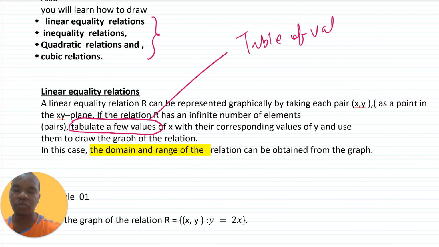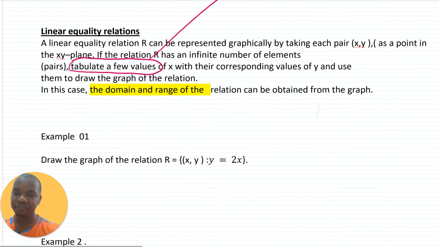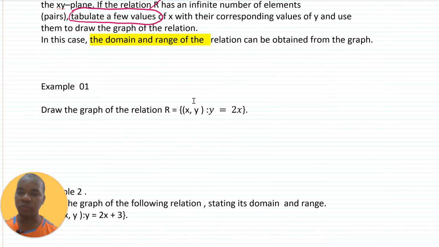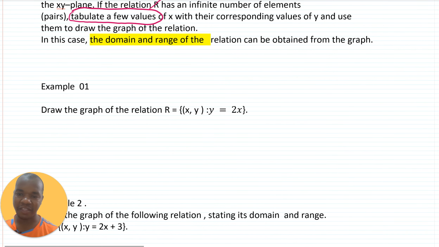A table of values will give us the ordered pairs, which will help us to draw the graph of a given relation. And also remember that in this case, the domain and range of the relation can also be obtained from the graph. So how do you draw the graph? Let us go now to examples.